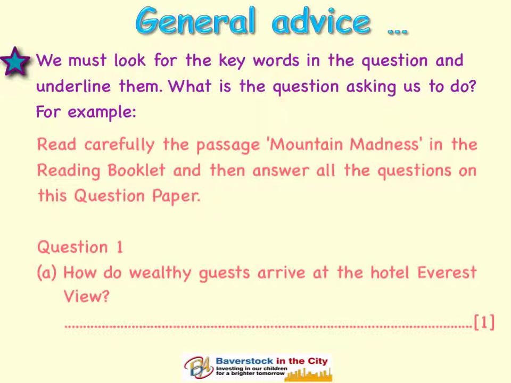This is the first question, question 1A. How do wealthy guests arrive at the Hotel Everest View? We should look now for the key words and underline them. So what have we got? Wealthy guests, we're looking for something about those. Arrive at the hotel. Those are the key words for this question.